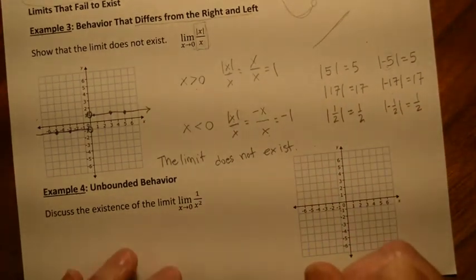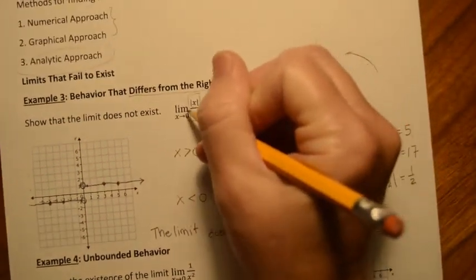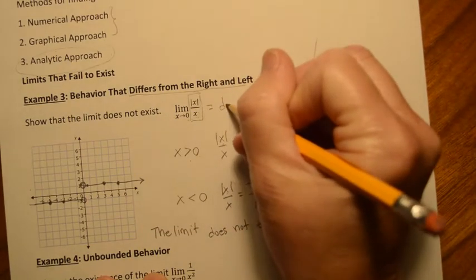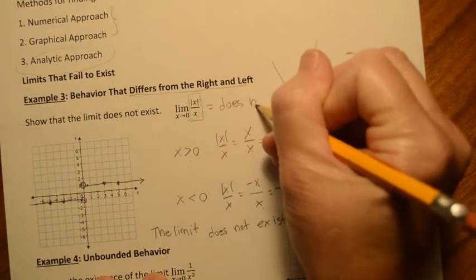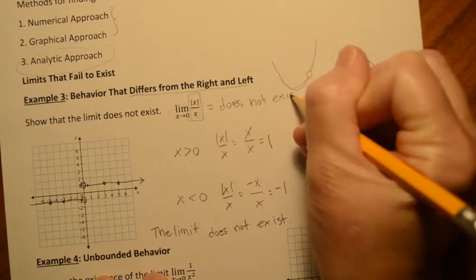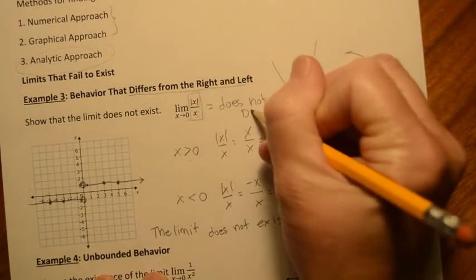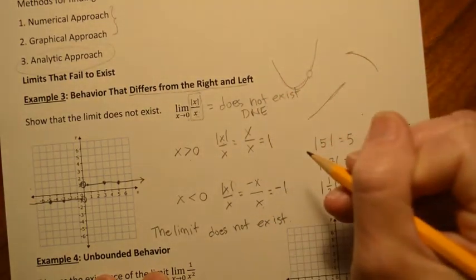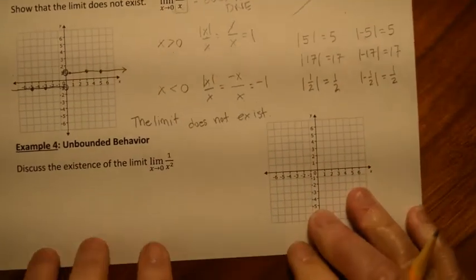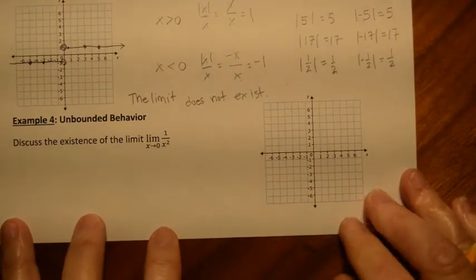Or we could say up here, more formally, does not exist. And because sometimes we get lazy, we would just write DNE, does not exist. Okay, let's talk about one more.